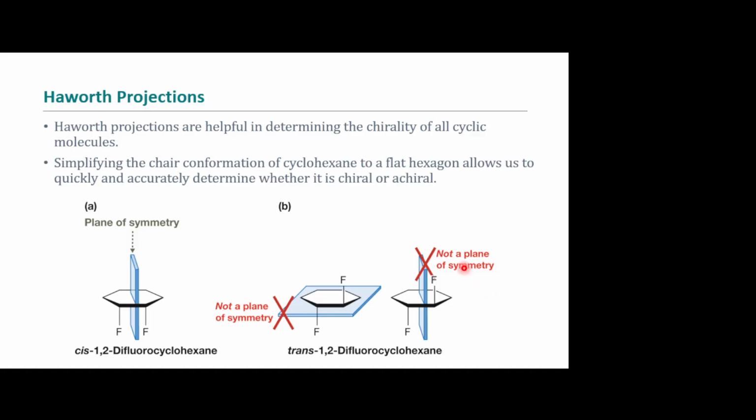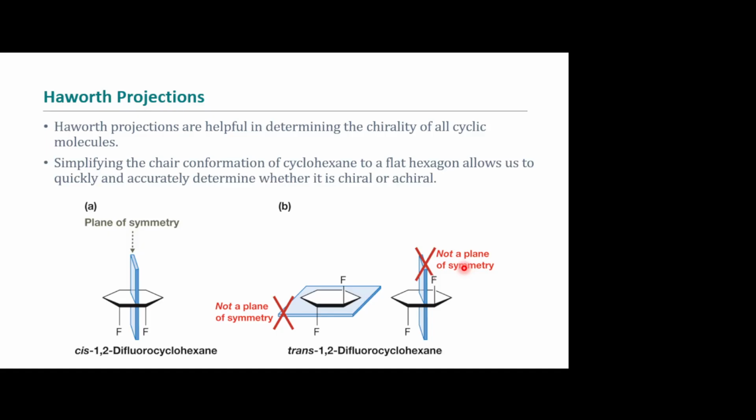All right, so let's talk about Haworth projections. You've actually seen Haworth projections quite often. You just didn't realize that that's what they're called. They're very helpful for determining the chirality of cyclic molecules because you can write them in such a way that they'd actually be something similar to the priorities you'd need to deal with.